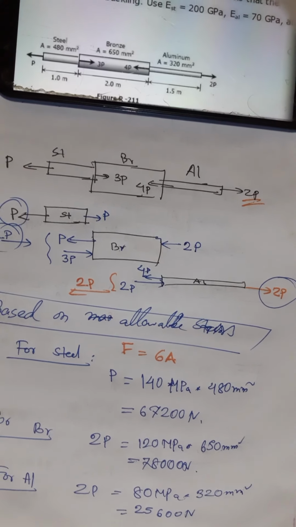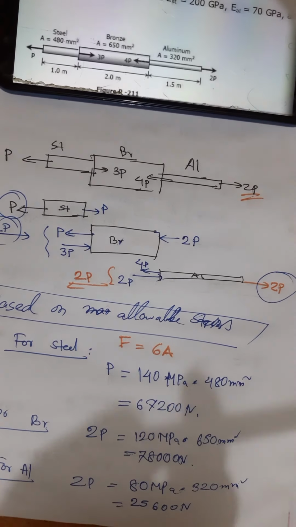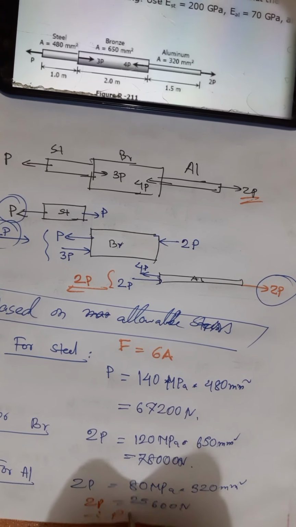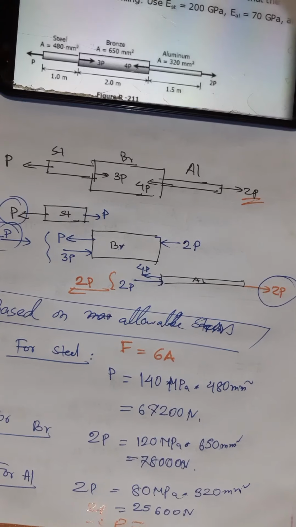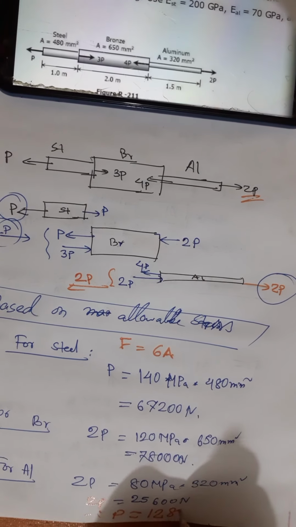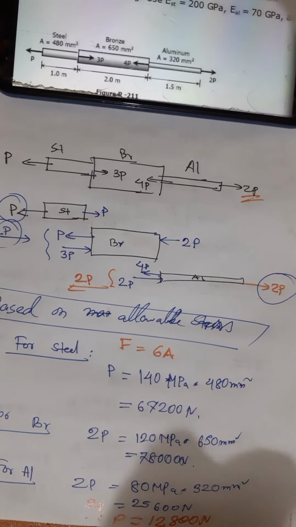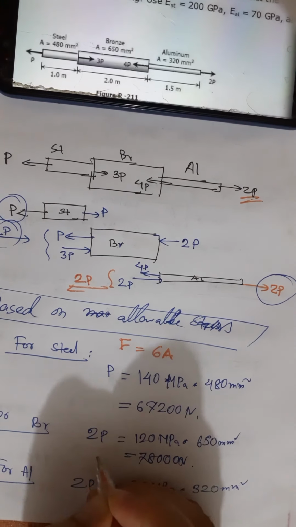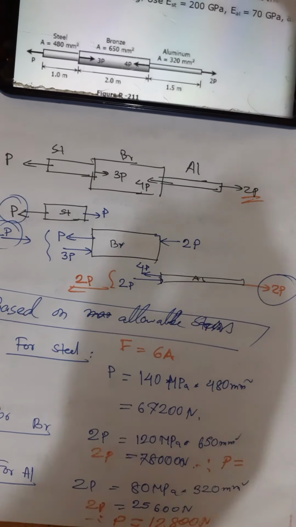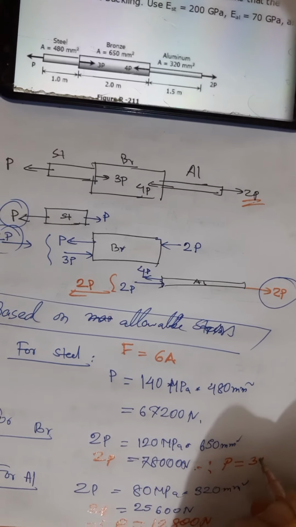Remember, this value is for 2P. So P equals 12,800 Newton. Similarly for the bronze, the value is for 2P, so we can write P equals 39,000 Newton.